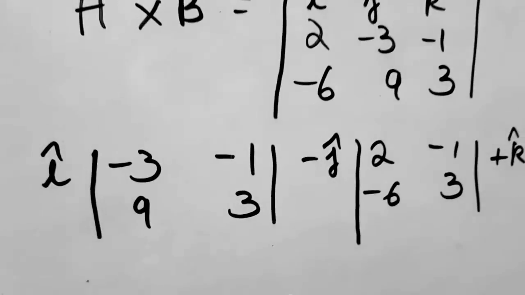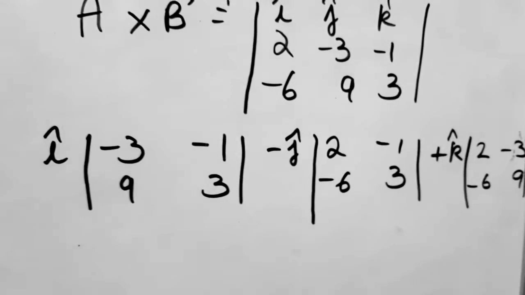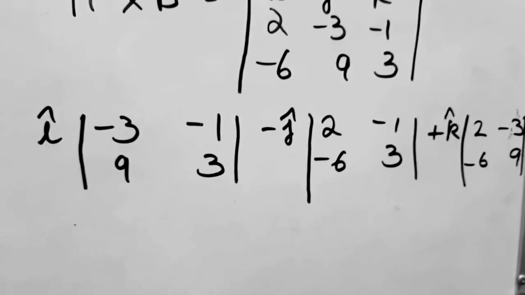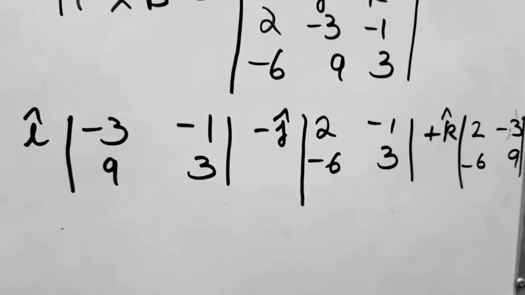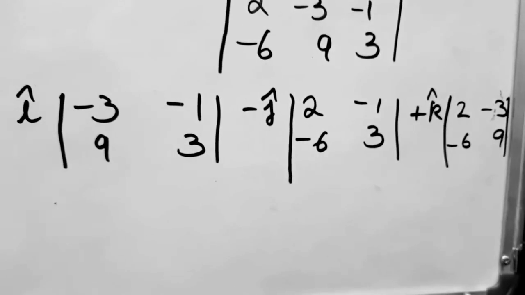Now we will cross multiply them and solve. When you solve it, you will get the answer as 0. So as the cross product is 0, the vectors are parallel.